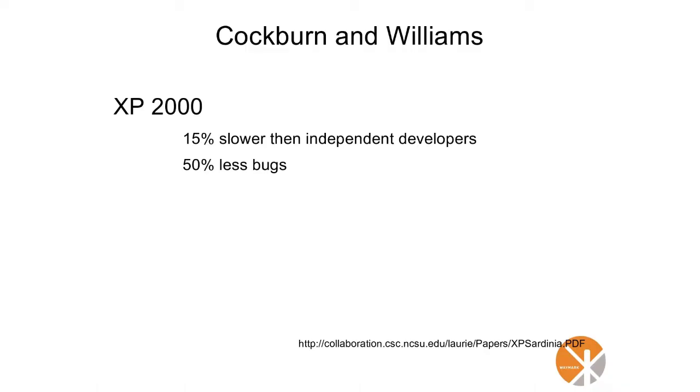Alistair Cockburn and Laurie Williams wrote a paper that they presented at XP 2000, that's 11 years ago, where they claim that it takes about 15% longer to pair program compared with independent developers, but they introduce 50% fewer bugs.